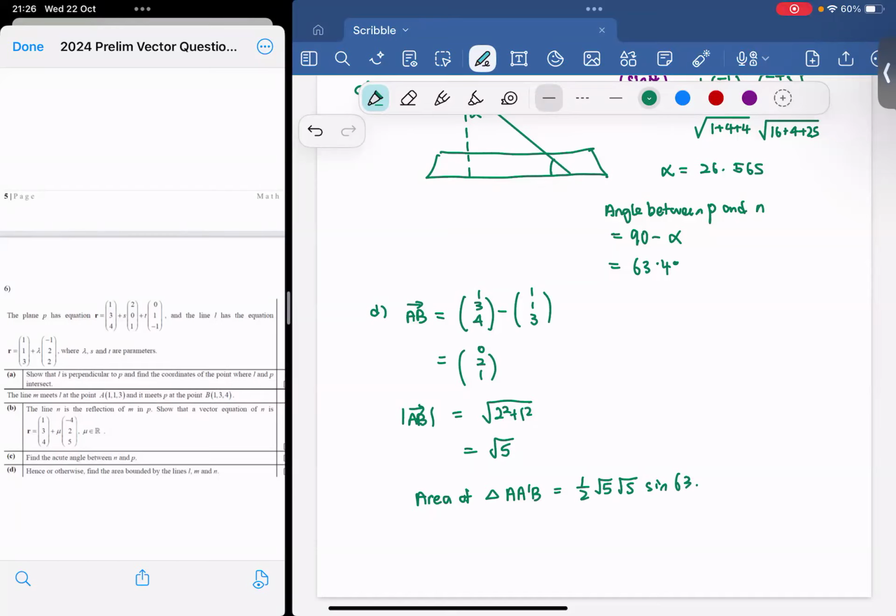Need to times 2, it's not 63.4 only. It is 63.434 times 2, is equal to 2 units.